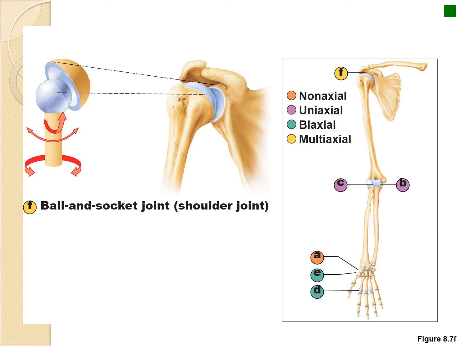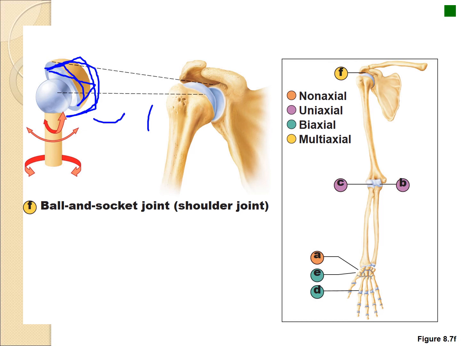The ball and socket. Now guys, this is different from any of the other joints you saw. This is allowing totally free movement, not just uniaxial. So this is allowing a multi-axial movement. Now notice the cup here is much deeper than we've seen before. This is actually a deep socket, not a shallow depression.